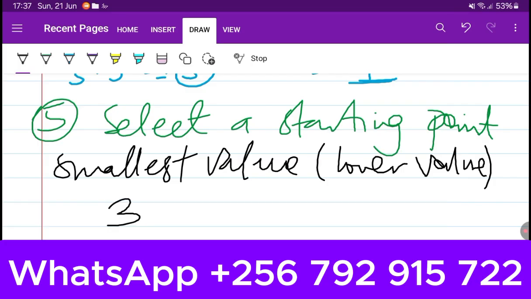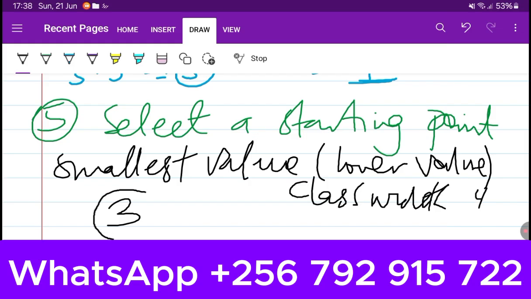and maybe my class width is 4, I can say for me my convenient value, because of the fact that the smallest value is 3, I'm taking a 2. So that if I'm to add a 2 plus a 4, I'm getting a 6 for my other classes.